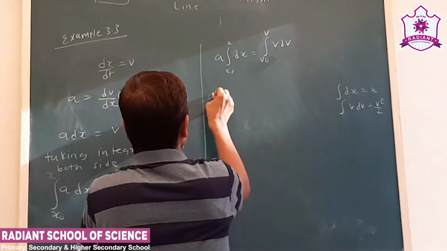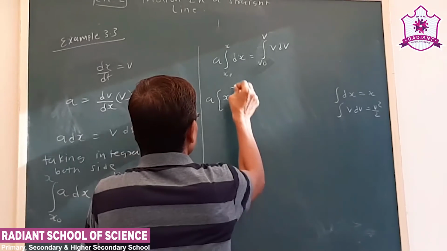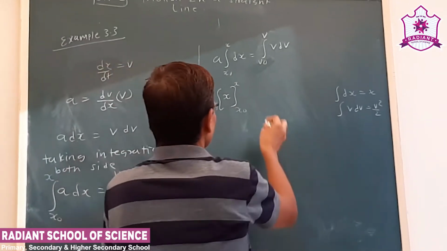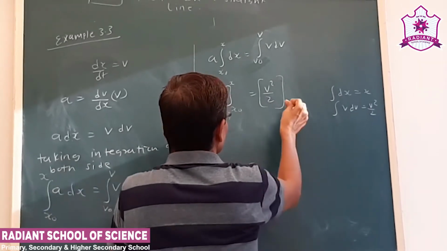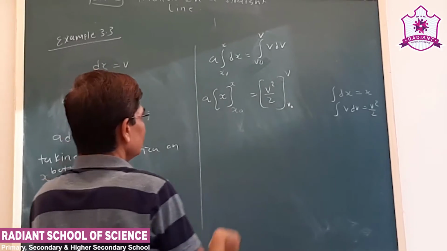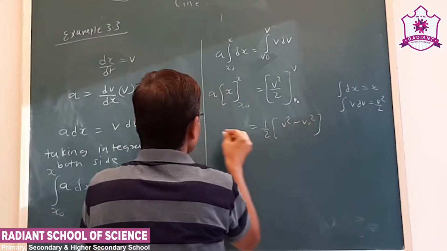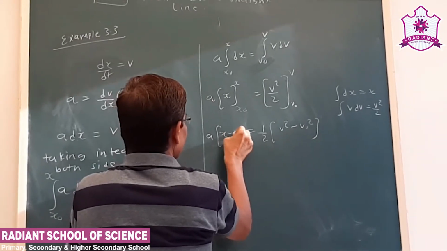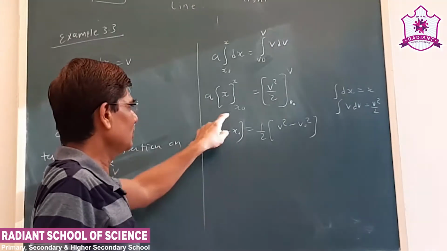So a dx integration is x. Now x0 is the initial position, x is the final position. The right side is v square by 2, where v0 is the lower limit and v is the upper limit. See, 1 by 2 we have taken common, so this will be v square minus v0 square. Here it will be x minus x0, where x is the final position and x0 is the initial position.